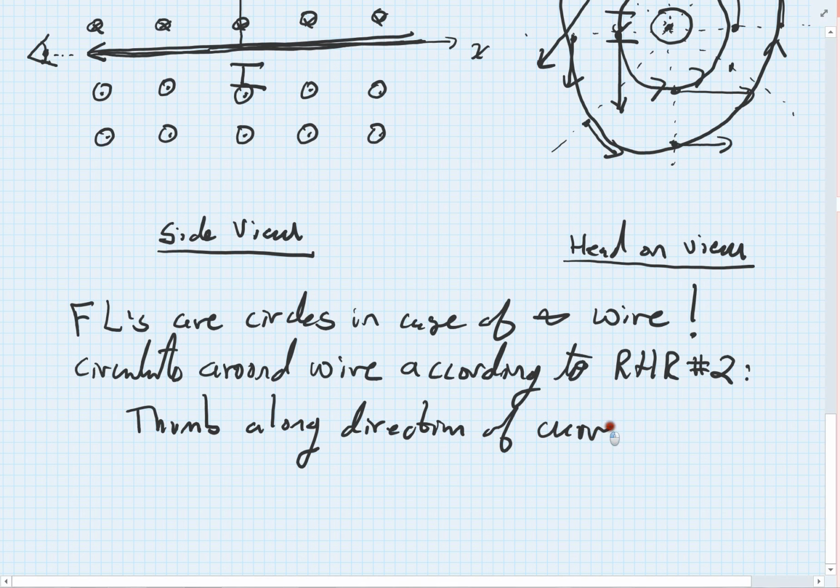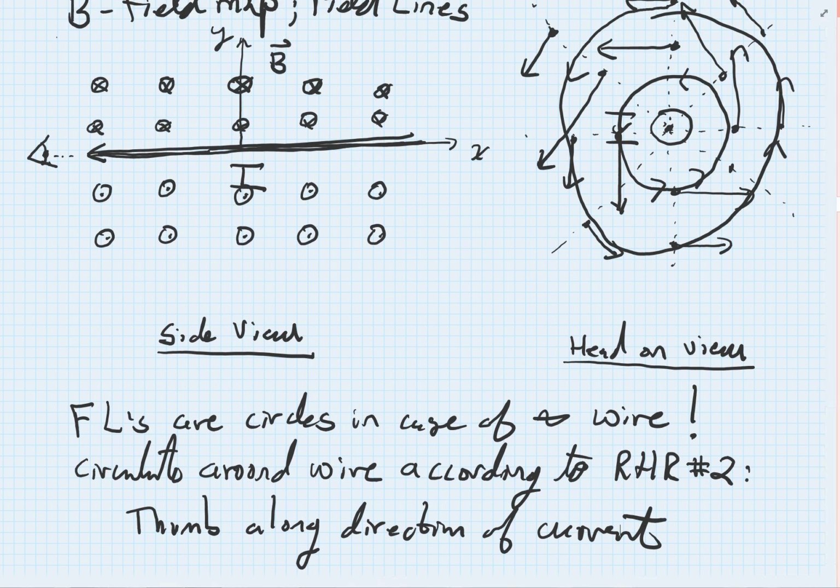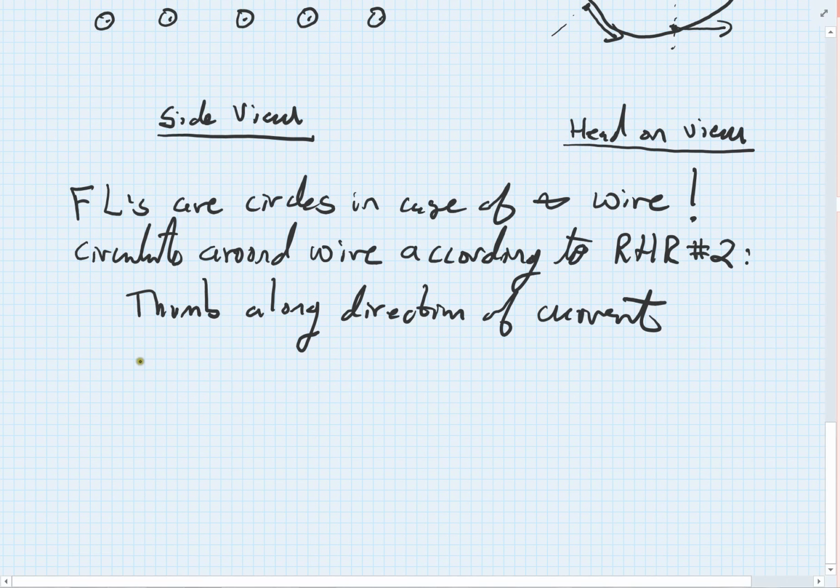So in our example here, we would either point our thumb here off to the left, or in this example, we would have our thumb pointing straight out of the page. So the thumb is along the direction of the current. That would then imply the fingers point which way you need to circulate around your wire.